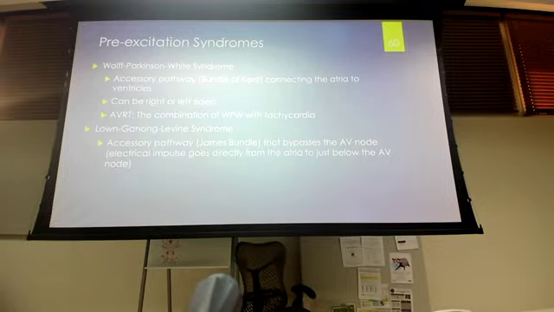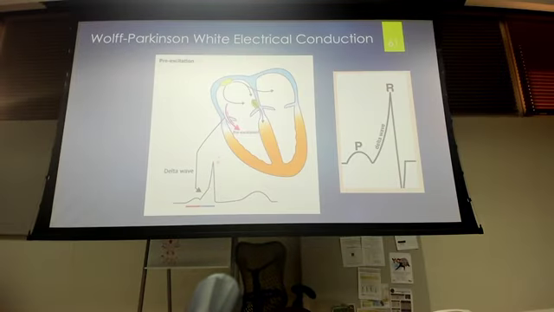So how are they going to appear on EKG, and also a little bit, what is the underlying pathophysiology? We realize that from the normal SA node, depolarization goes from the SA node down to the AV node, and then from the AV node down to the ventricles.